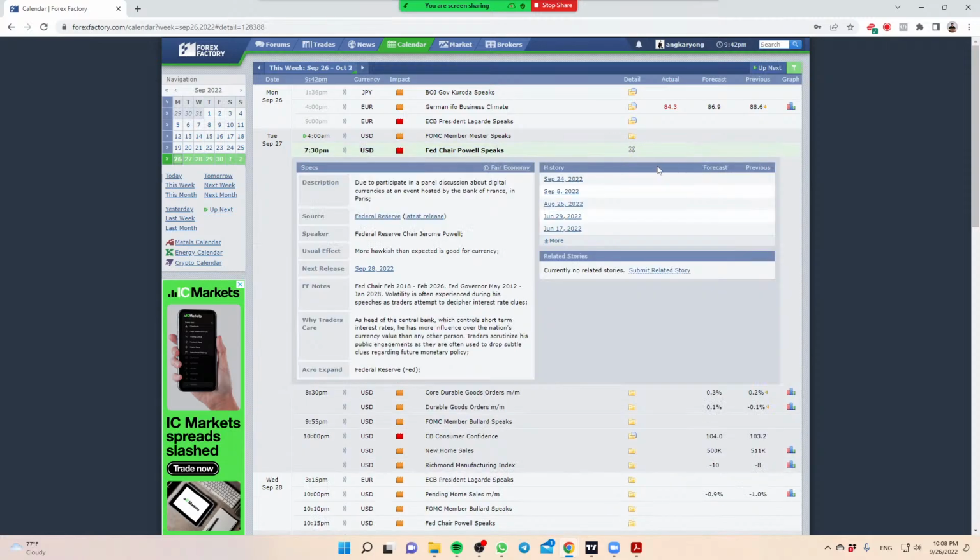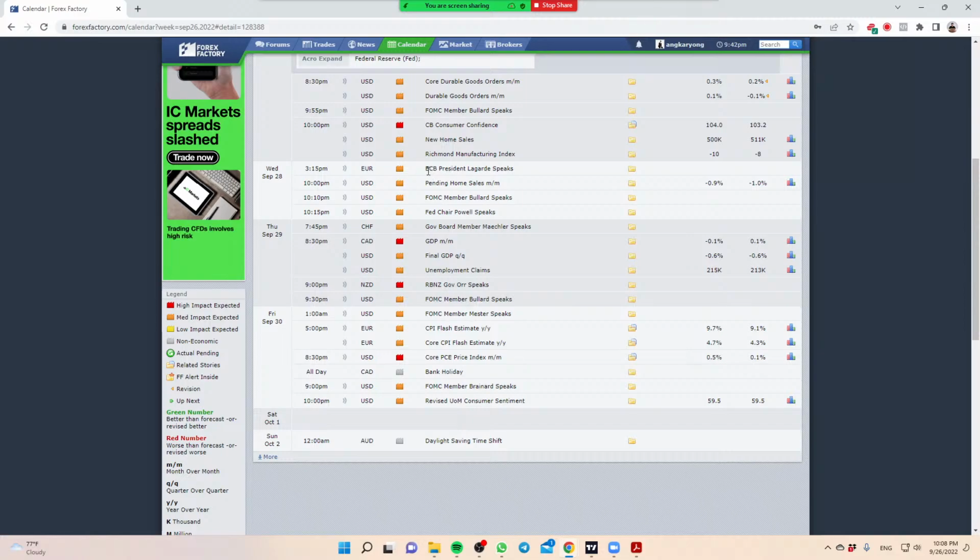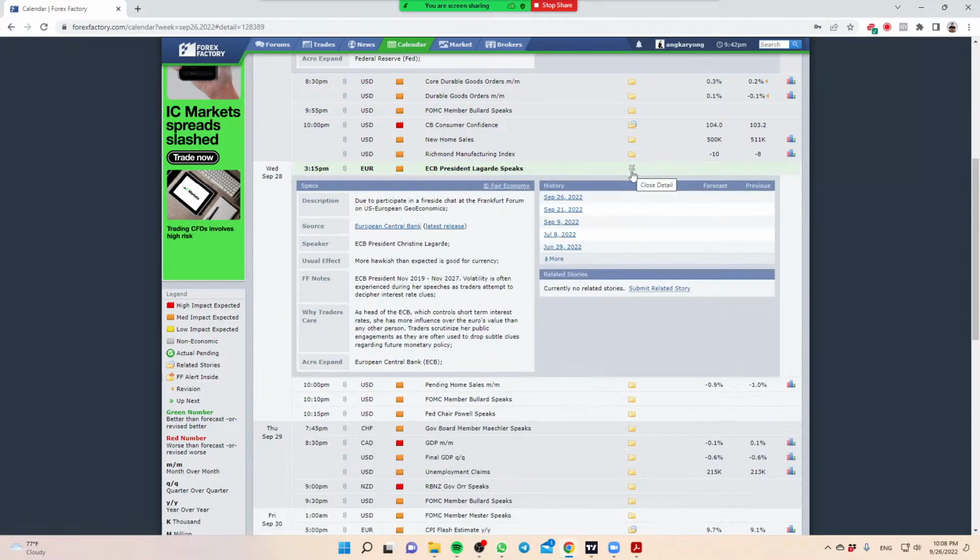And I share with you, if you want to find out a little bit more, click into it and go see what it is. Okay, and then of course you have some of the ECB presidents speaking as well. You can see over here, they're talking about US European geoeconomics. It may not be something very significant.